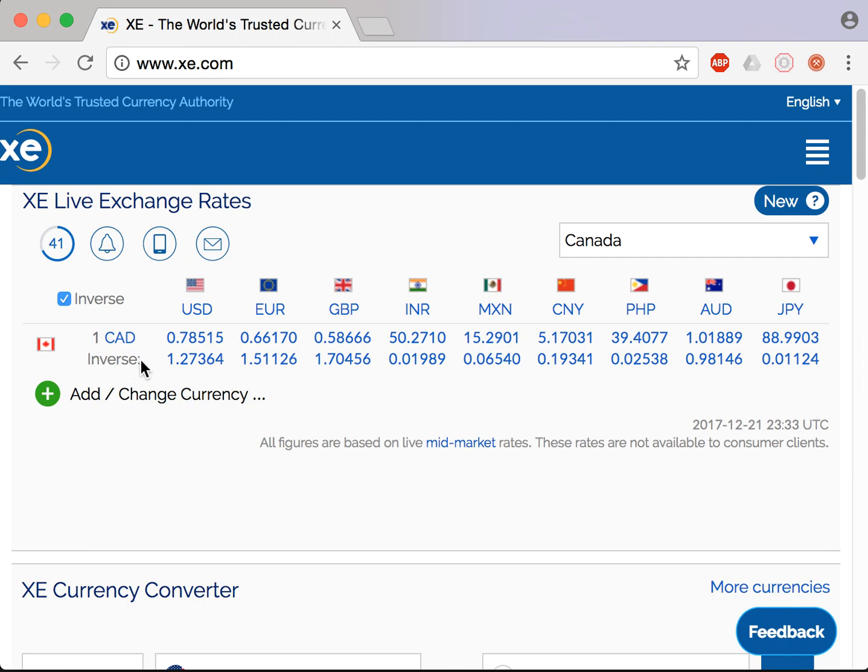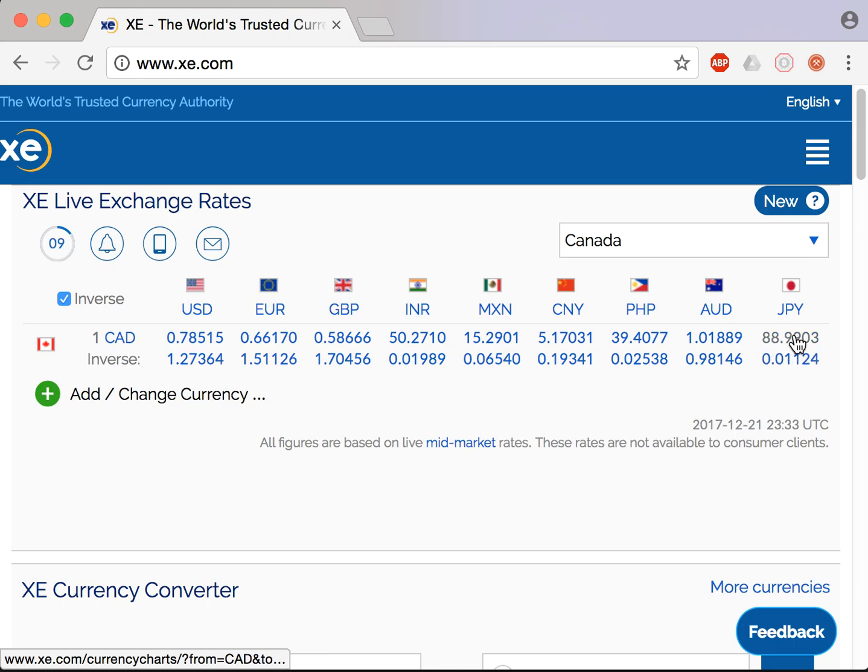The thing that you have to keep in mind is what's written here. One is the inverse of the other. So here, it requires 78 US cents to get 1 Canadian dollar. And it requires $1.27 Canadian to get 1 US dollar. So essentially that's what's going on. So you'll see if you multiply these two all the time, you'll always get 1 because one's the inverse of the other.